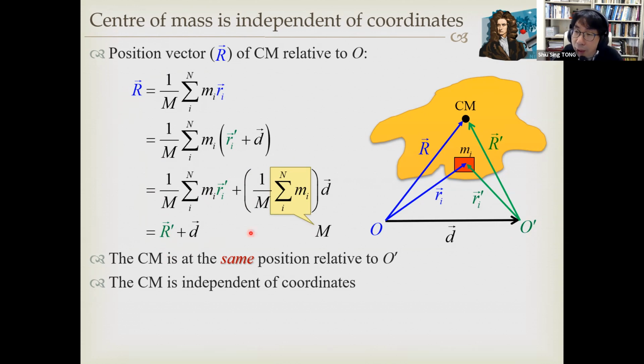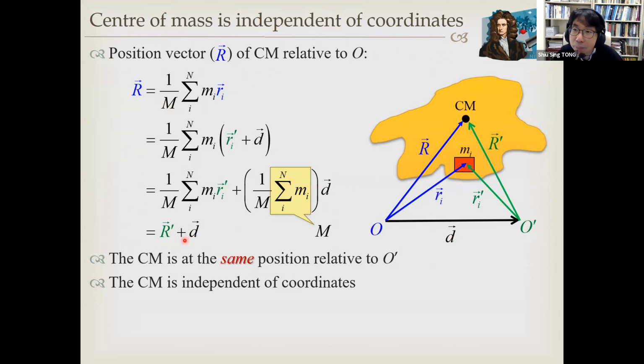But look at the diagram. If they are related this way, then what should they look like? Well, they refer to the same point. Why? If the center of mass position is here, then I point a vector from the origin to the center of mass. I call this R, right? If I point it from the new origin O prime to the center of mass position, then I get another vector R prime. You see R and R prime, if you look at this triangle, R prime and D are simply related to R by this equation, right?